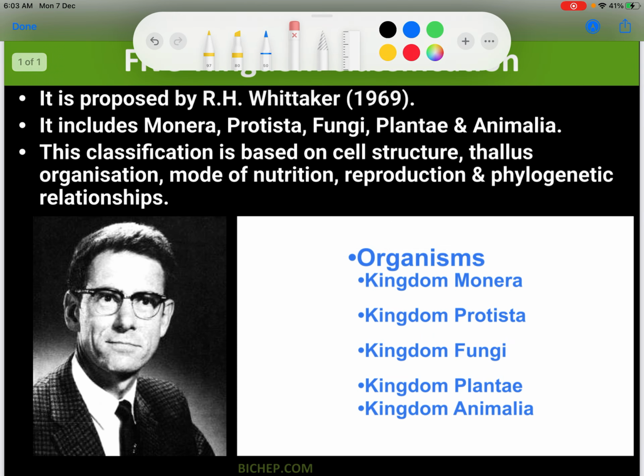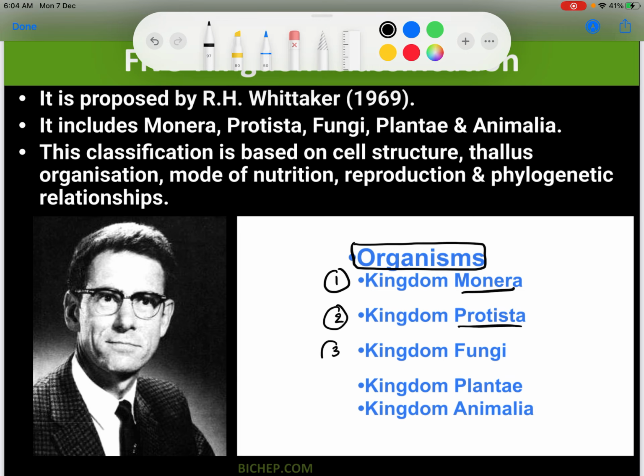Now, as I have already discussed, he described organisms in 5 subcategories. Number 1 is Monera, number 2 is Protista, number 3 is Fungi, 4th is Plantae, and 5th is Animalia.